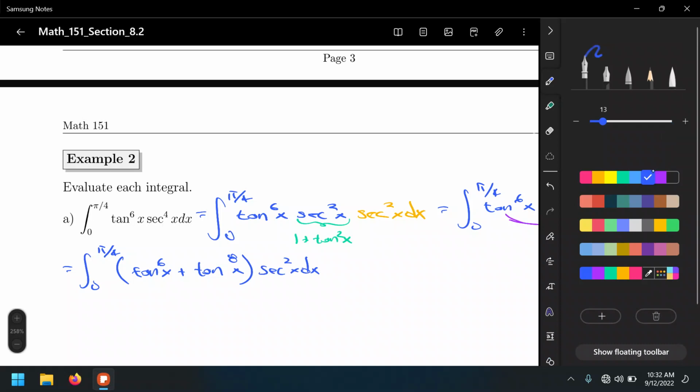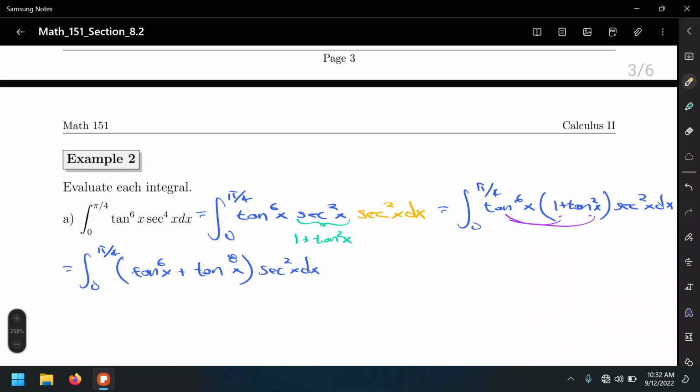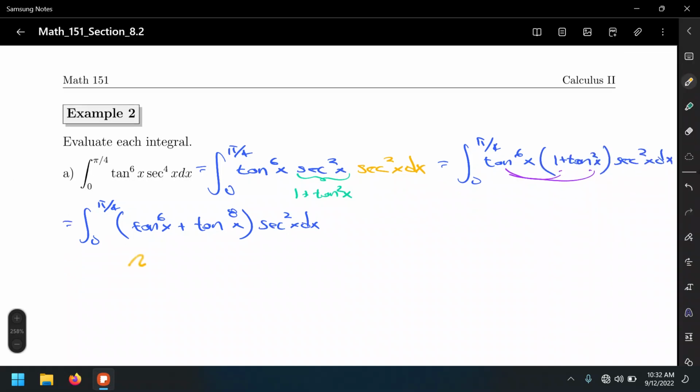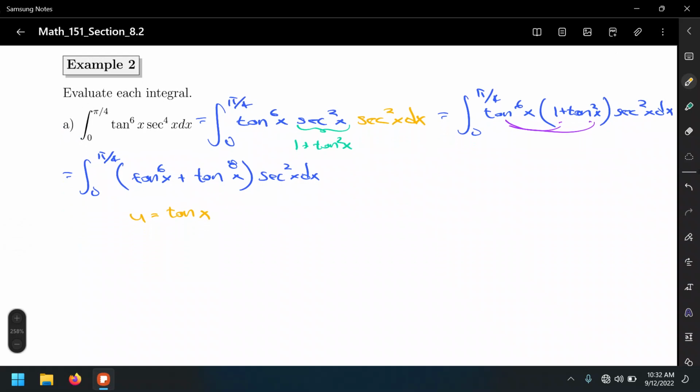At this point, we may go ahead with the u-substitution. u equals tangent, and the derivative of tangent is secant squared.